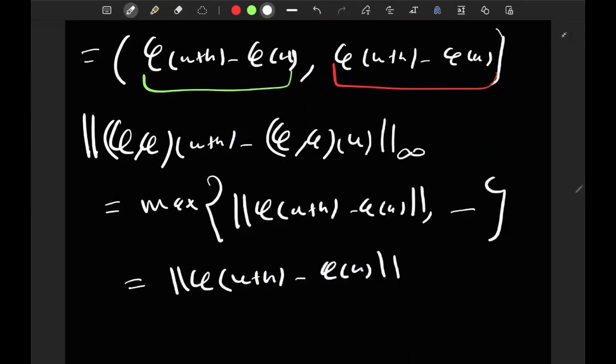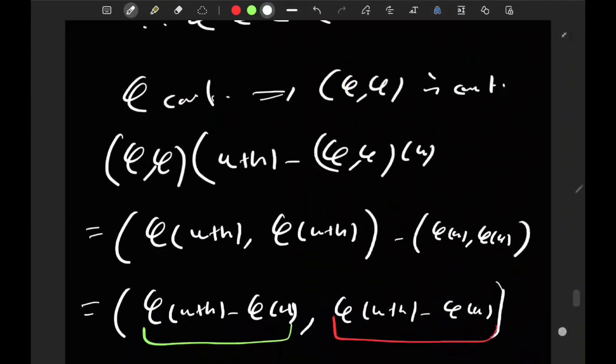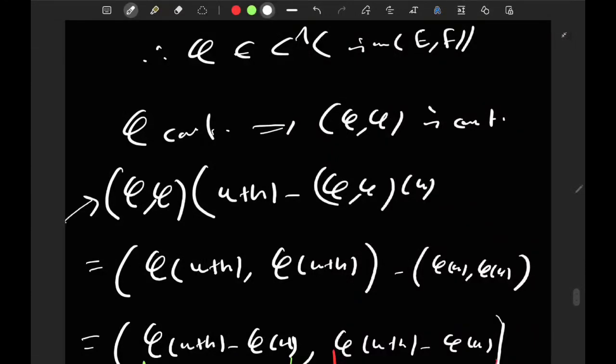And since I know that phi is continuous, as h goes to 0, this quantity will go to 0, and therefore phi comma phi is a continuous map.